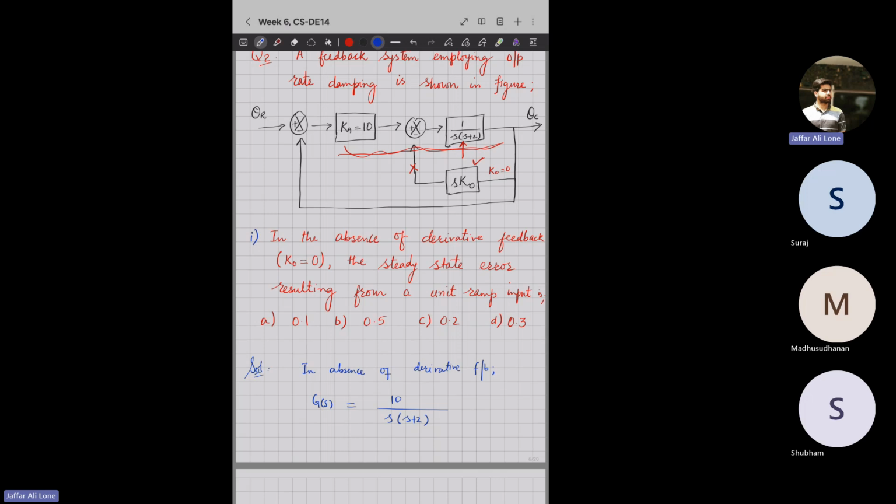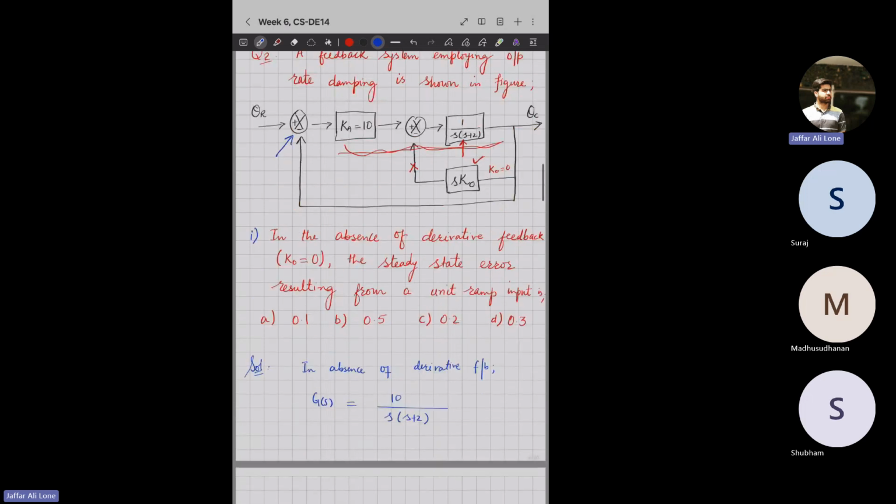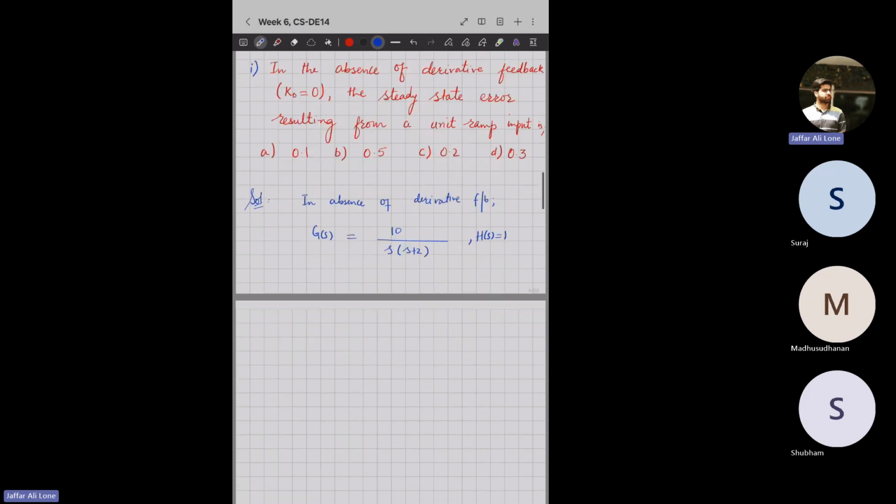Okay, now what we have to see, you can see clearly from here, it is a unity feedback. So H(s) is 1. Then let's find the steady state error.